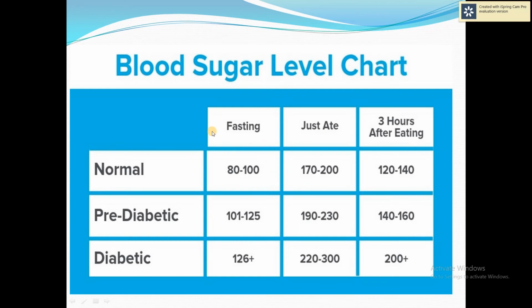If you are a normal person without a diabetic condition, your blood sugar level would be 80 to 100 in fasting condition, and if you just ate, it would be 170 to 200, and after 3 hours of eating it would be 120 to 140. But if your blood sugar level comes to be 101 to 125, you would be pre-diabetic. All the things are shown on your screens, so please go through this.